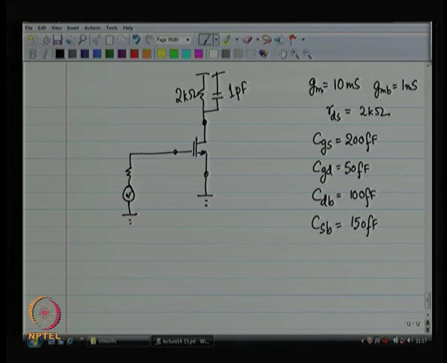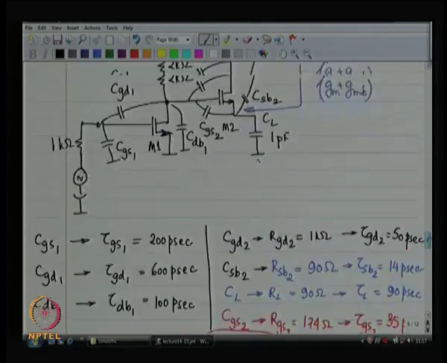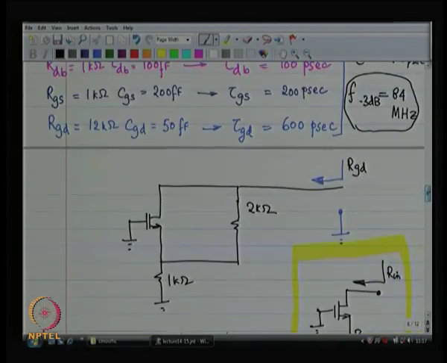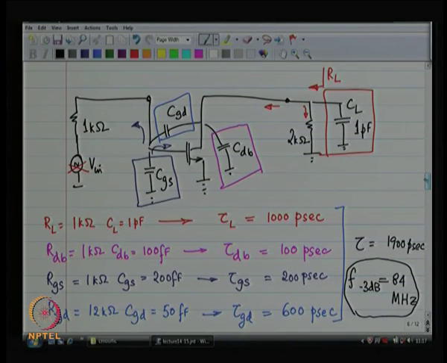We wanted to drive a load capacitance of 1 picofarad, right. So, we started from this as our design, and then we saw that we got a horrible bandwidth. We saw that we got a bandwidth of only 84 megahertz, right. This was our first cut design. From the first cut, we said that our bandwidth is 84 megahertz, and the culprit was the load capacitor.